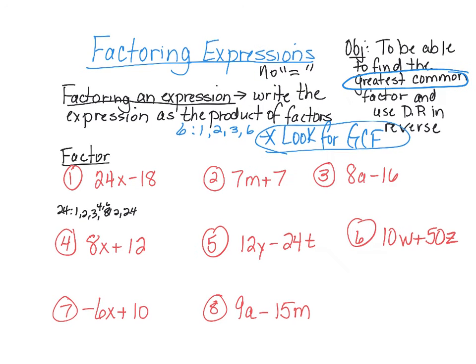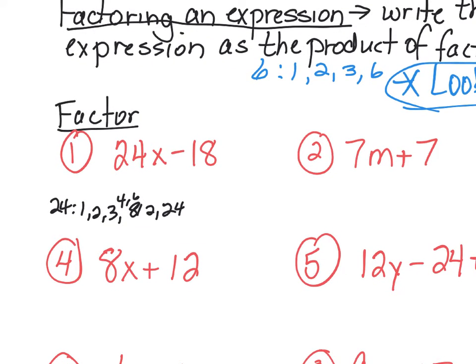So write those down. They are 1, 2, 3, 4, 6, 8, 12, and 24. The factors of 18: 1 and 18, 2 and 9, and 3 and 6.